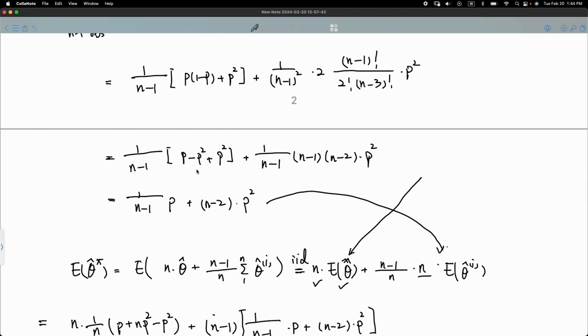Did anyone see if I missed anything here? Yes. Which one? This line? Yeah, this line. Uh-huh. Second part is like 1 over n minus 1 squared. You mean the denominator?